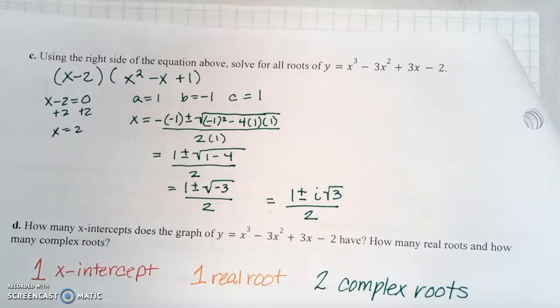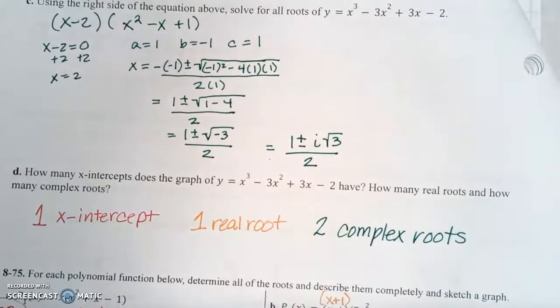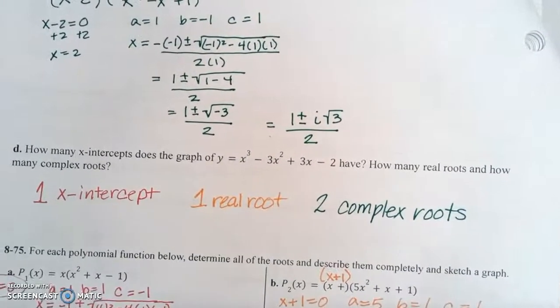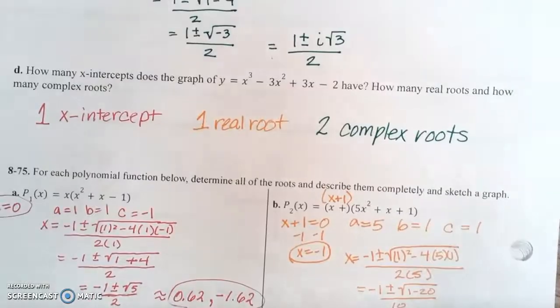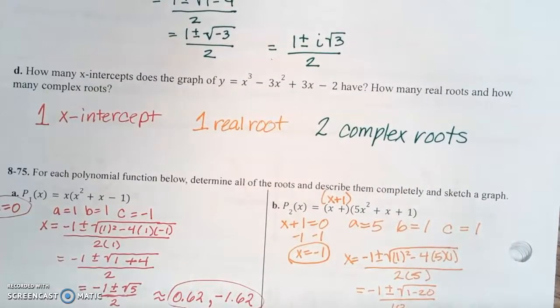So question D asks, how many x-intercepts does the graph of that polynomial have? How many real roots? And how many complex roots? Okay, so this one has one x-intercept, which is one real root, and then it's going to have 2 complex roots.